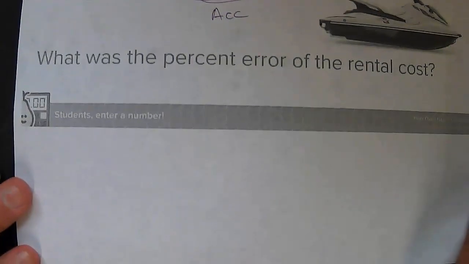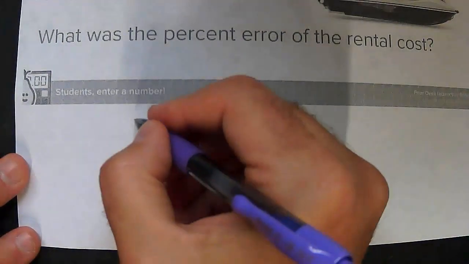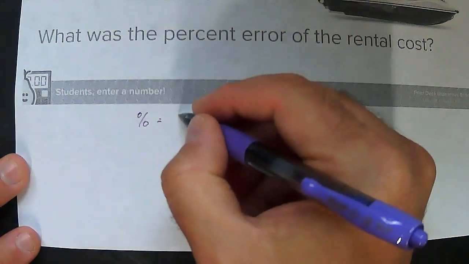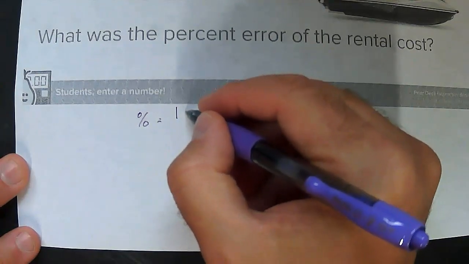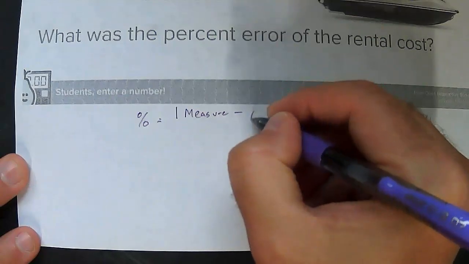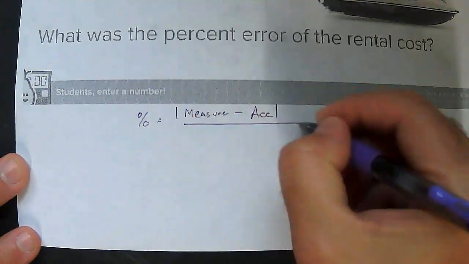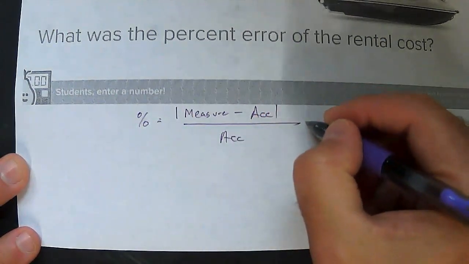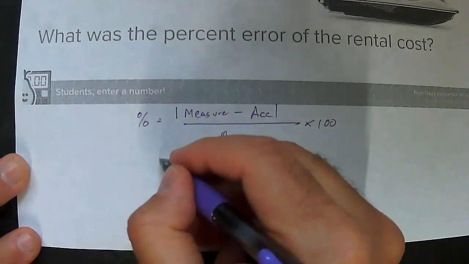Good thing I have some space down here. Percent equals the absolute value of the measured minus the accepted, over the accepted, times 100.